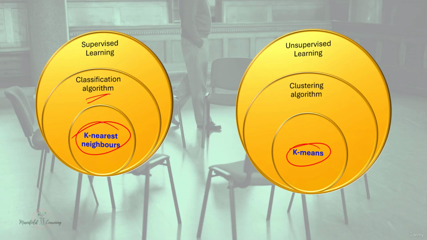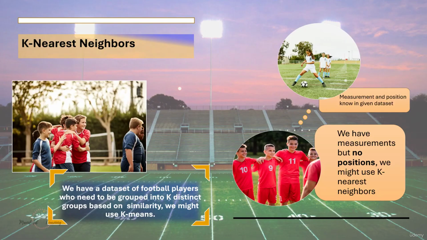It can also be used for regression, but it is majorly known for classification, which comes under supervised learning. This k nearest neighbor model is also known as a lazy learner.